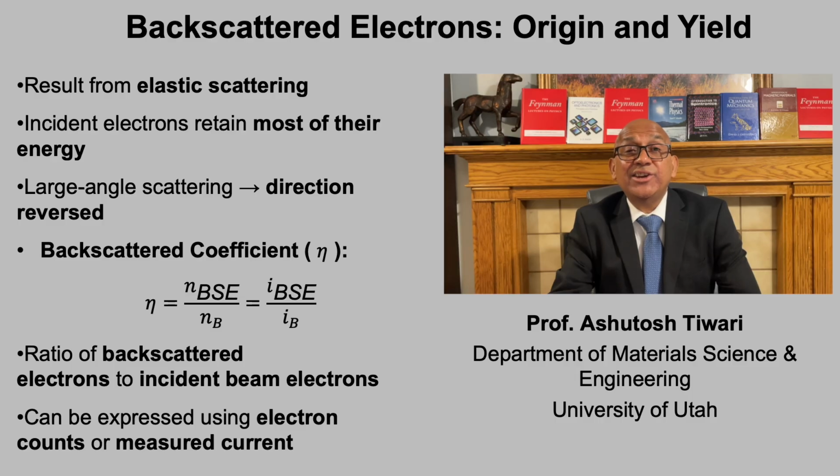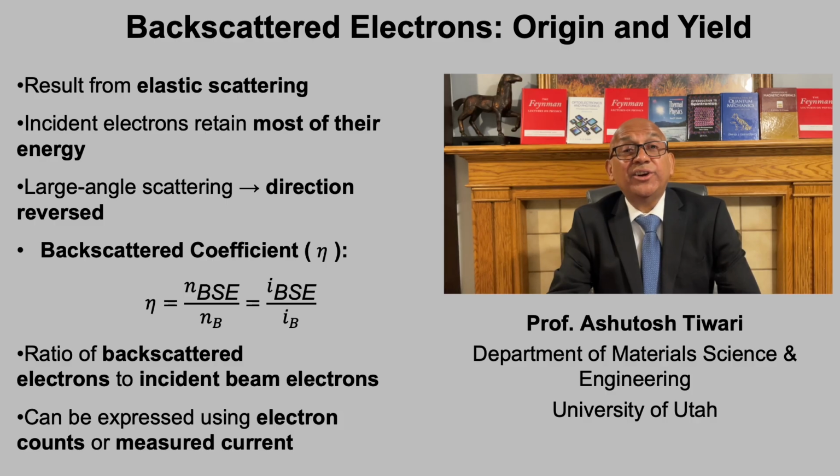Backscattered electrons are generated through elastic scattering of the incident electron beam by atomic nuclei in the specimen. Because elastic scattering involves little or no energy loss, these electrons retain most of their original energy. However, they undergo large angle deflections, often reversing direction and escaping back out of the specimen.